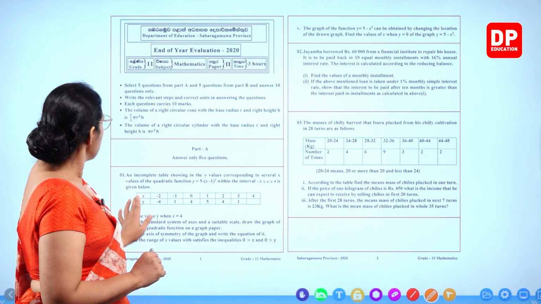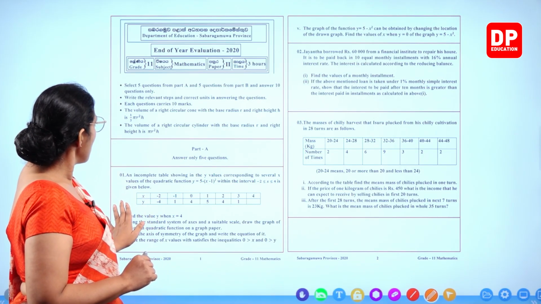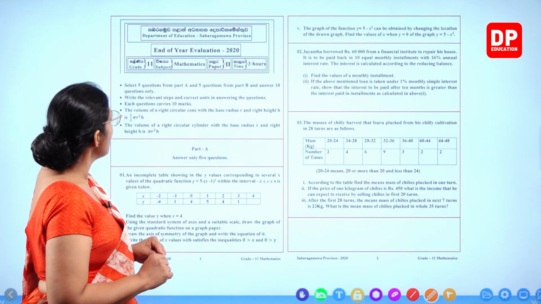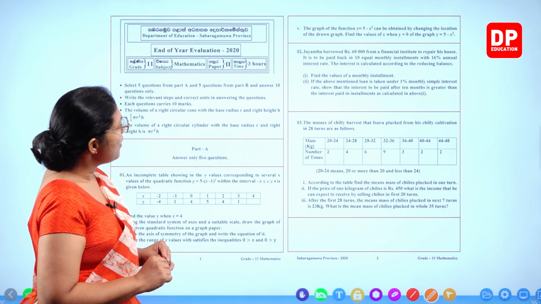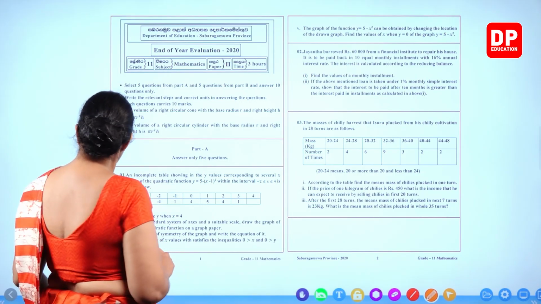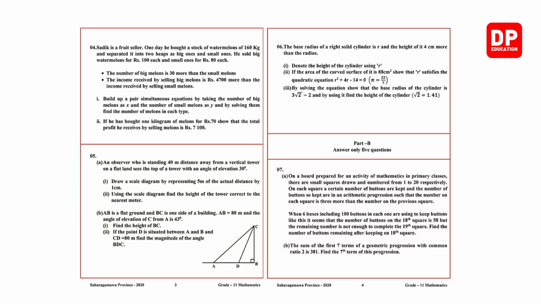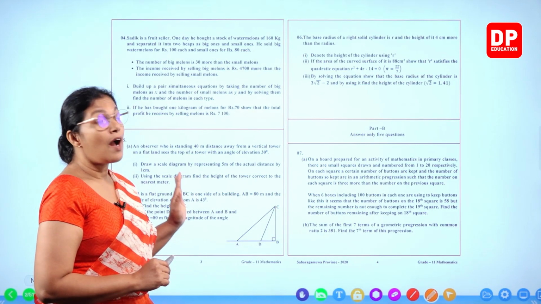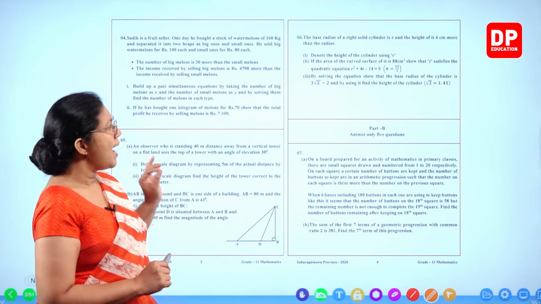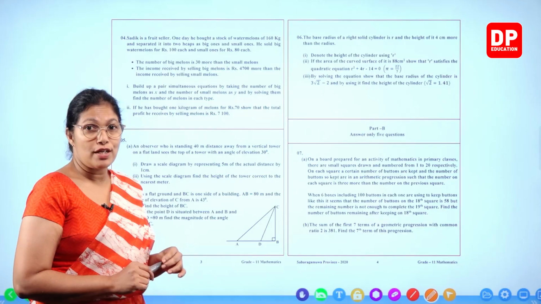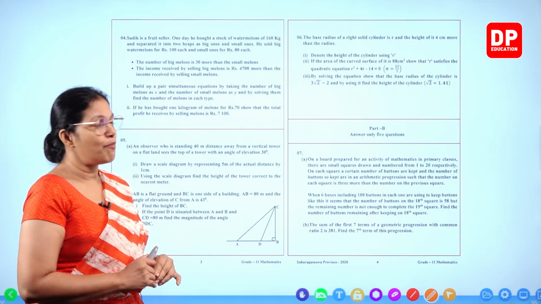In the first part, you get question number 1, that's a graph question. Question number 2, and then 3, question number 4, 5, and 6. Spaces are not given, so you have to ask for line papers, and especially for the graph question, you have to ask for a graph paper.